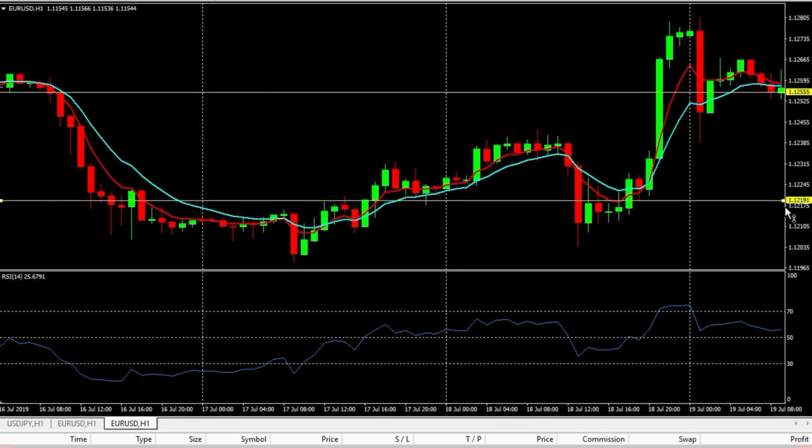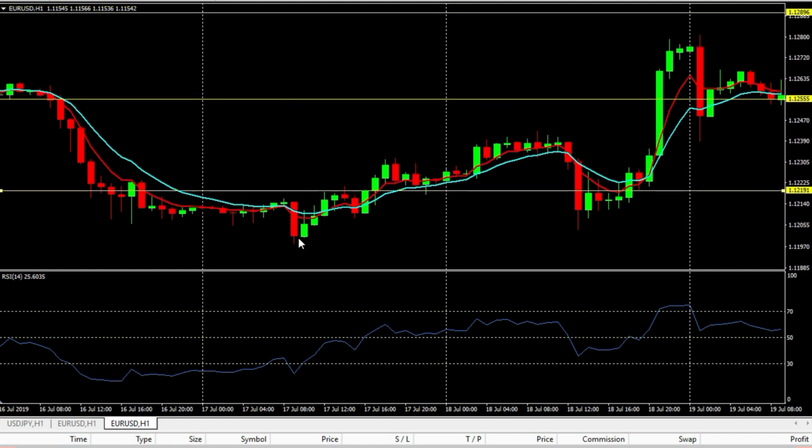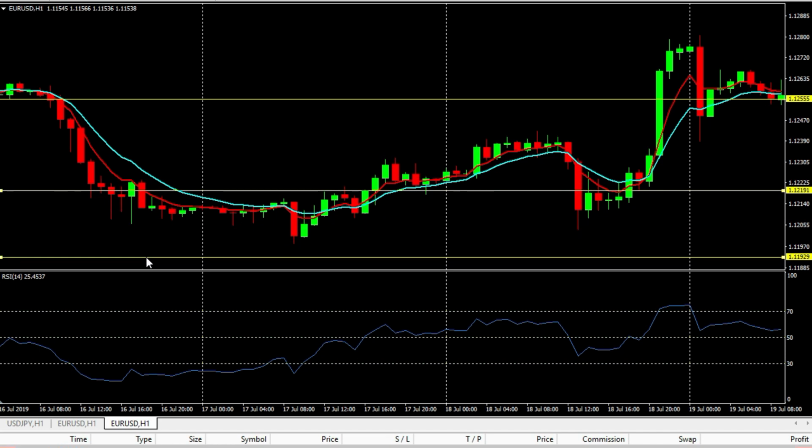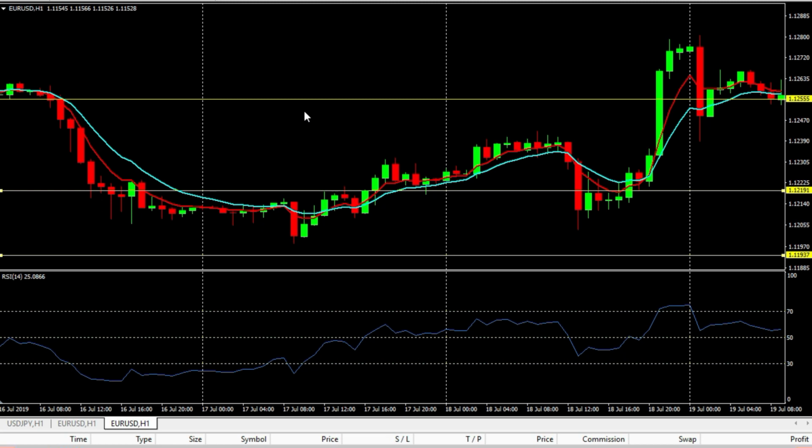We buy at 1.1219 and place a stop loss 5 pips below the most recent low. The most recent low was 1.11983, so it's going to be 1.11933. Okay, this is our stop loss.